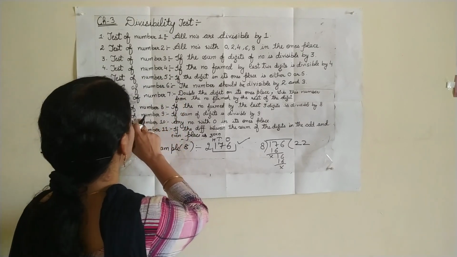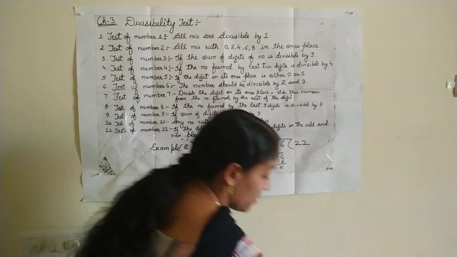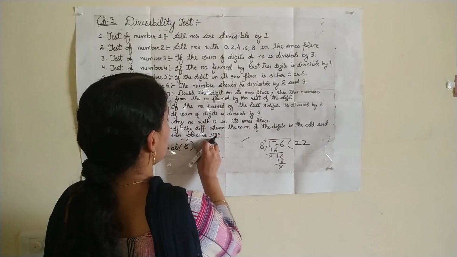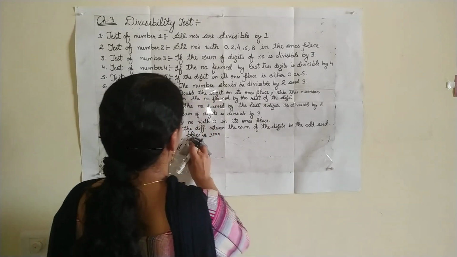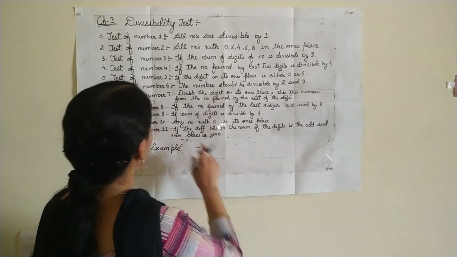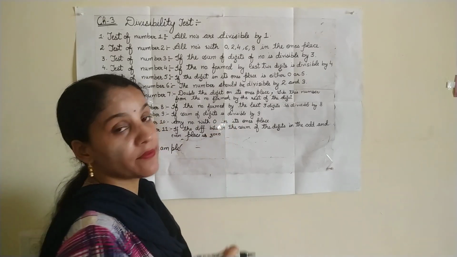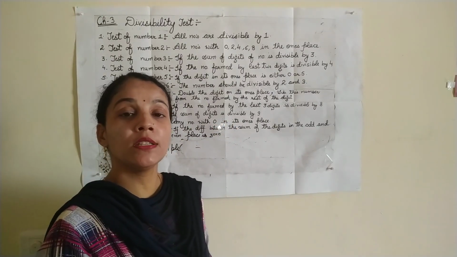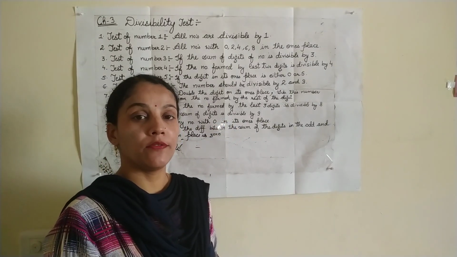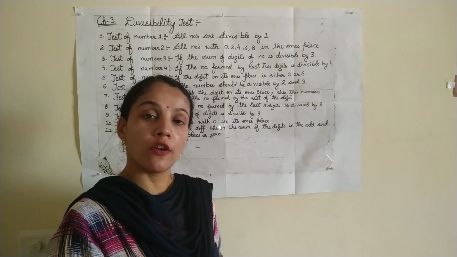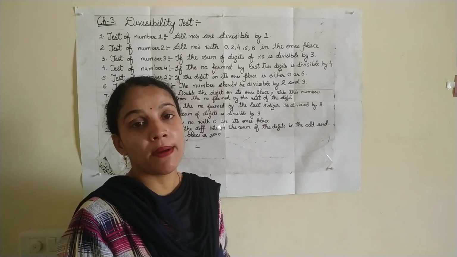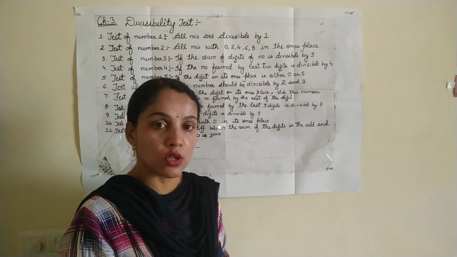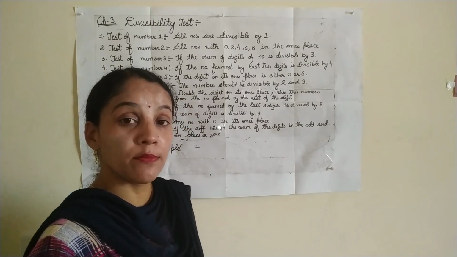Then next is the divisibility rule for number 9. What is the rule? The rule is, if the sum of the digits of the number is divisible by 9, that means that number is also divisible by 9.